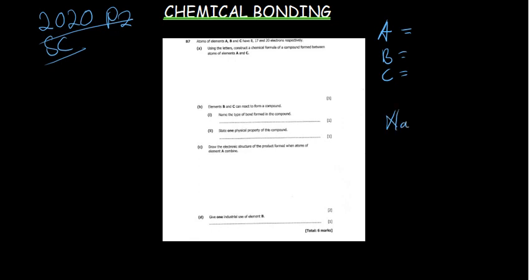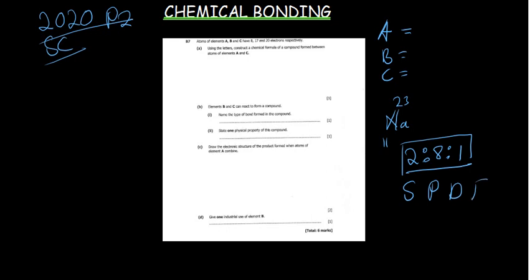Sodium has mass number 23 and atomic number 11. Its electronic configuration is 2 in the first shell, 8 in the second shell, and the remainder, 1. Of course, at a higher level you'll use s, p, d, f orbitals, but at this level we're just going to talk about this part.